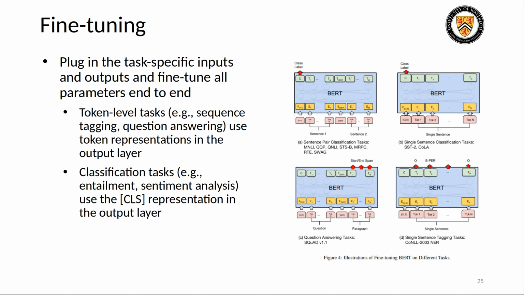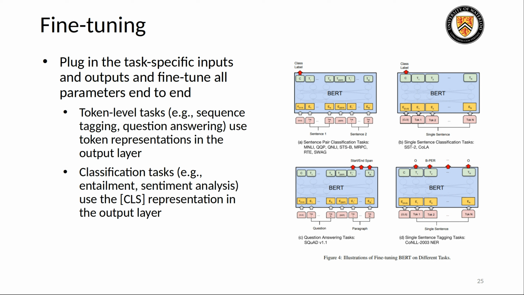Once pre-trained, BERT can be fine-tuned for specific tasks using supervised learning. The fine-tuning process involves adding a task-specific output layer on top of the pre-trained BERT model and fine-tuning the entire model on a labeled dataset for a target task. The task-specific output layer can be a single layer or multiple layers, depending on the complexity of the task.